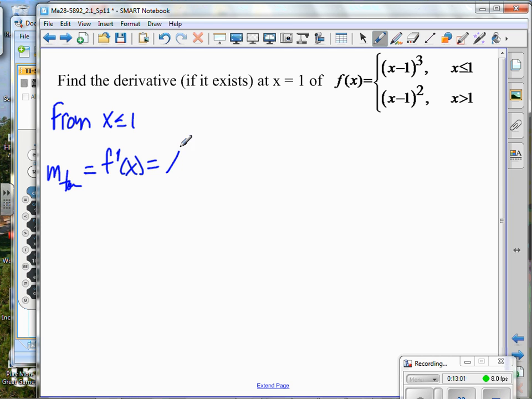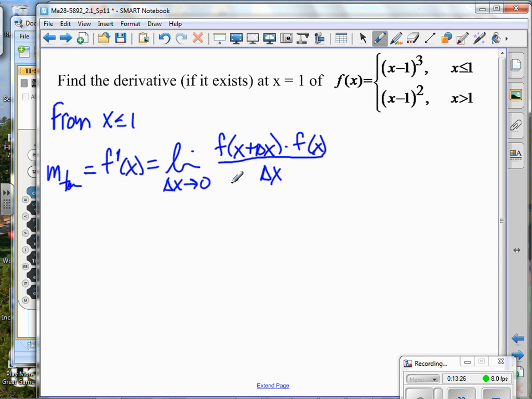The derivative is the limit as delta x approaches 0. You by now should be getting the picture of what I'm going to write next. F of what? Yeah, x plus delta x minus f of x divided by, you know, nothing more than the slope.